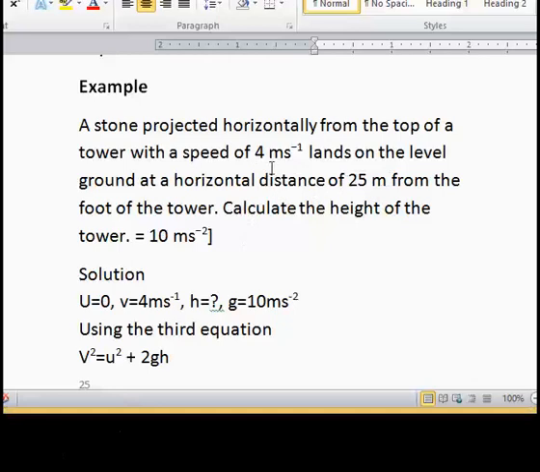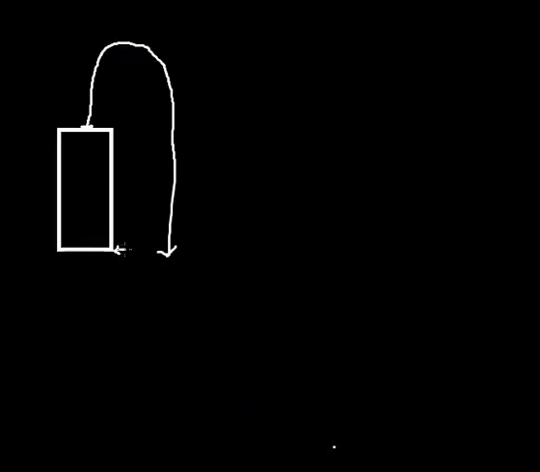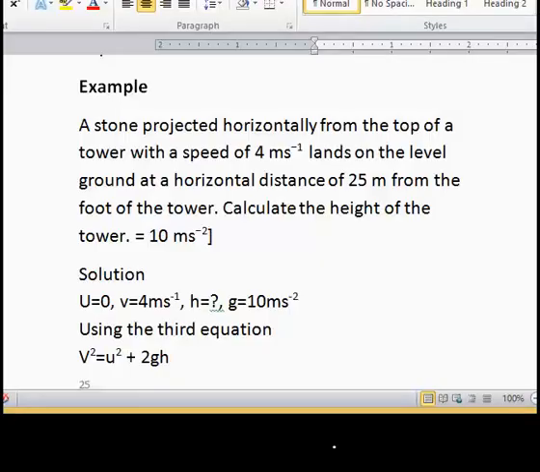Similar to the previous question, this stone also was projected from the top of a tower, and it lands on the level ground at a horizontal distance, a range, of 25 meters from the foot of the tower.